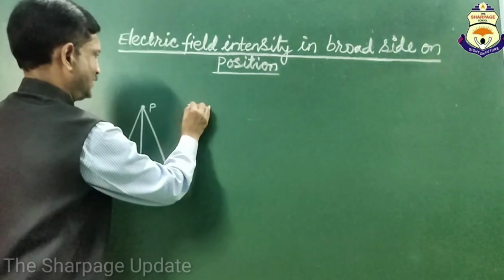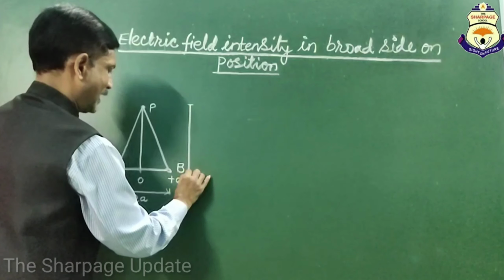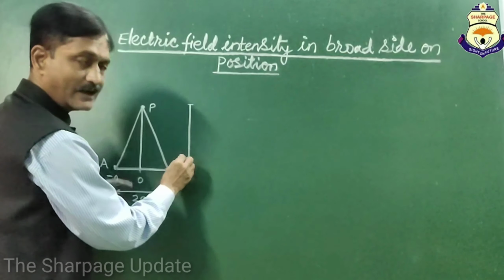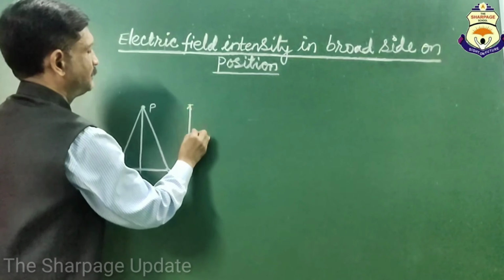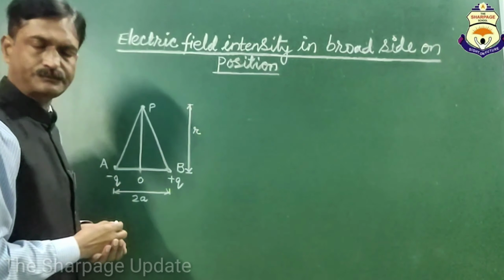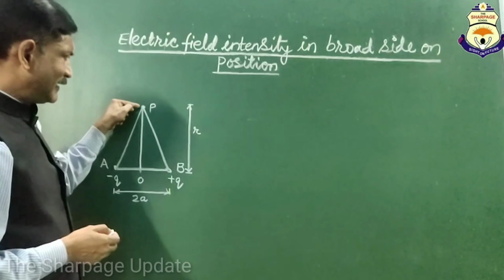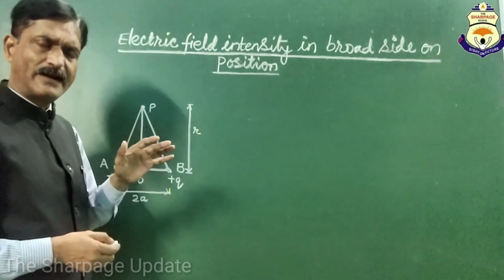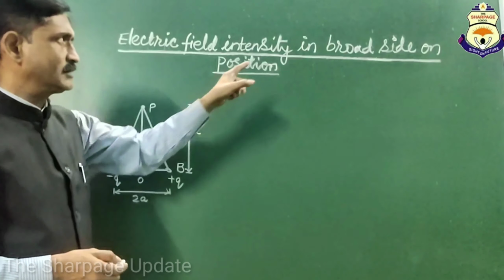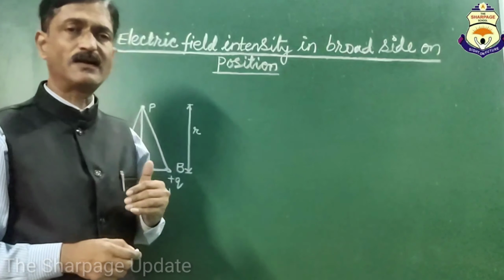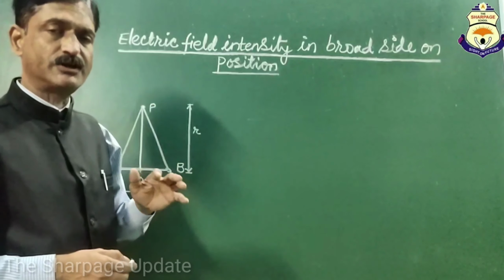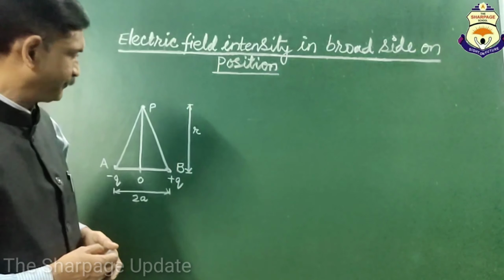Let the distance between the point P and the midpoint of the axis of the electric dipole be represented by r. The position of this point is known as broadside on position or transverse position or neutral axis position or equatorial position.